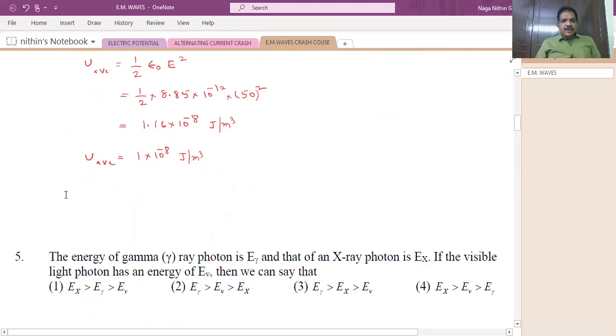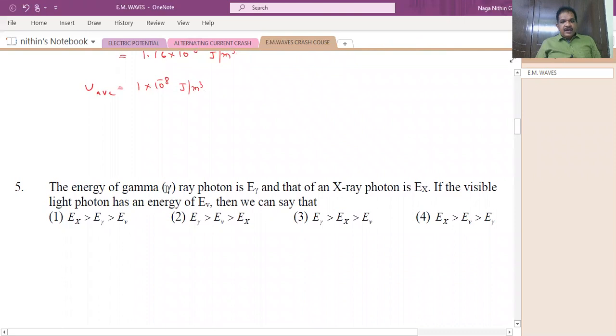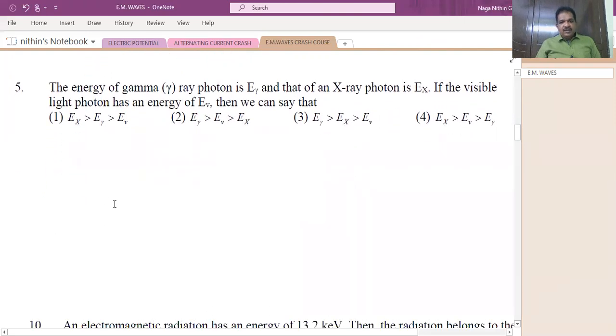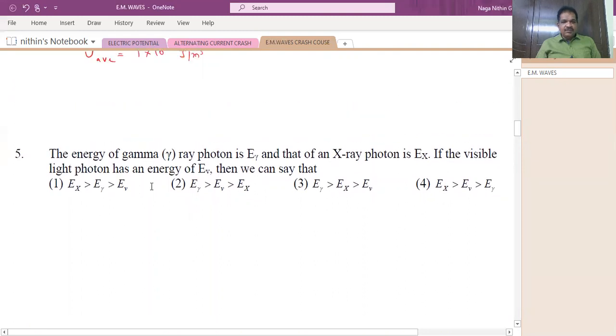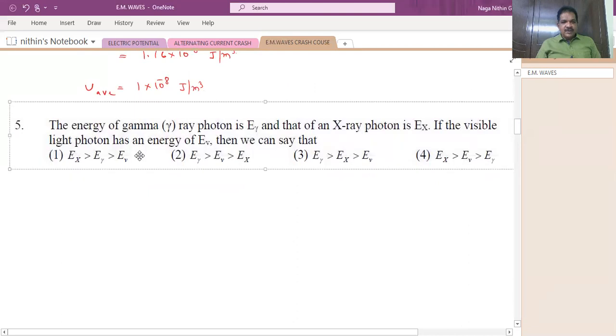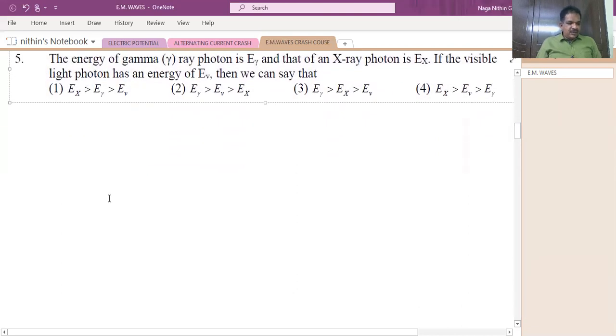Got it? Next, the second one. The energy of a gamma ray photon is E gamma, X-rays is EX, and visible light energy will be EV. What is the relation between them? That is the question. So if you take the energy of the gamma rays, that will be in the order of 1 MeV.